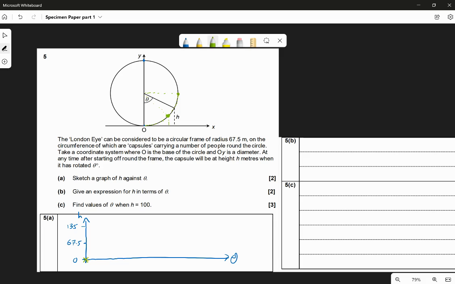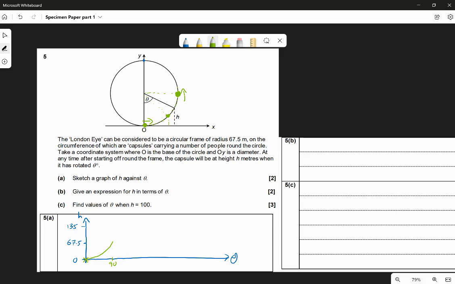The height is increasing more quickly at this point than it was over here, because at the start, most of my movement is horizontal, not vertical. When I'm at 90 degrees, most of the movement of my capsule is vertical, not horizontal. So I'm slowly gaining height, and then more quickly gaining height at 90 degrees, where I'm at 67.5 meters high.